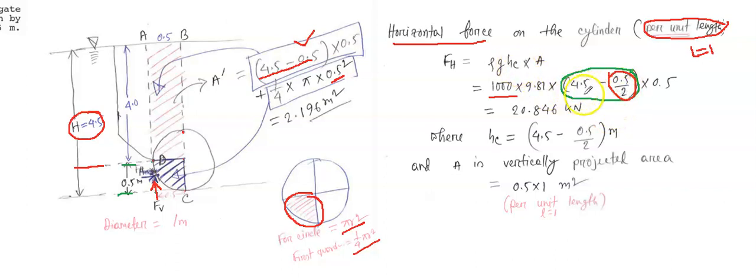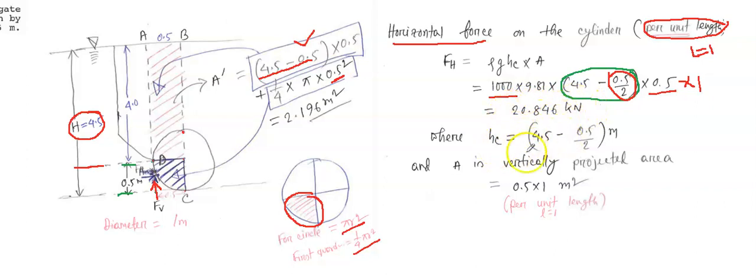So this is the height h. And if you are confused with the area, we know area equals the length and the width. In this case, you see this AB is 0.5, and what is the length? We are calculating for per unit length, so it is actually times 1. So we will get the overall value, it is 20.846.